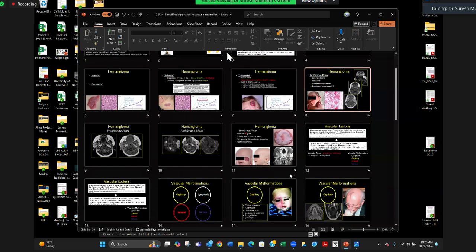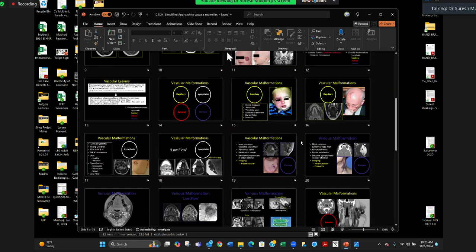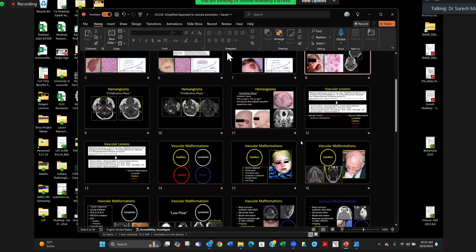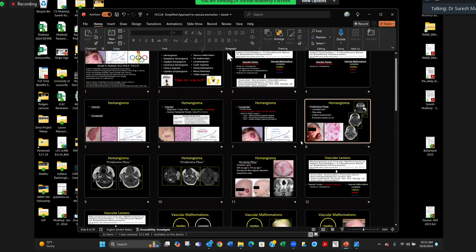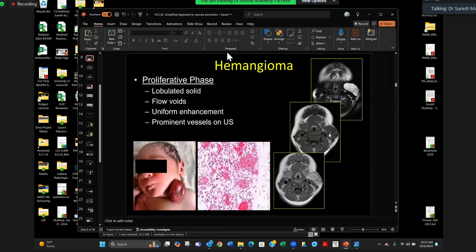I think the second thing is that hemangiomas are not necessarily typically intramuscular. So a lot of these hemangiomas that I showed are actually in the soft tissue. So notice the sternocleidomastoid muscle here, and this is outside.